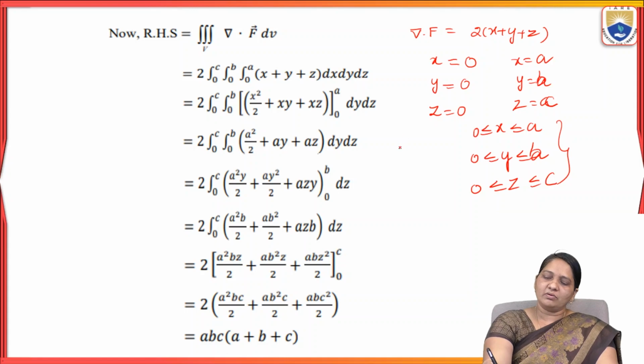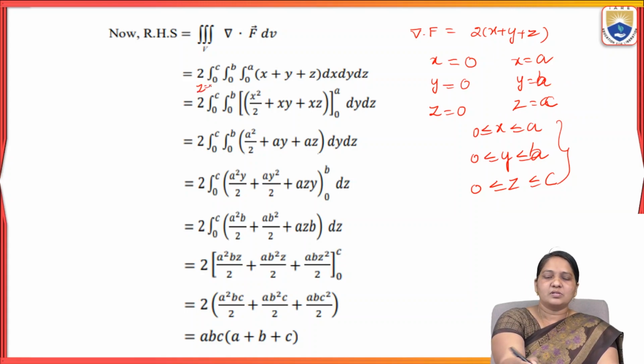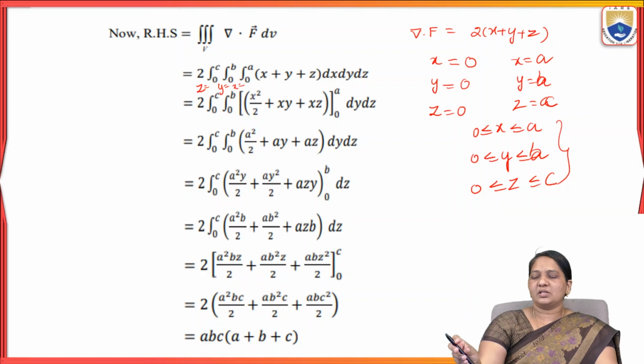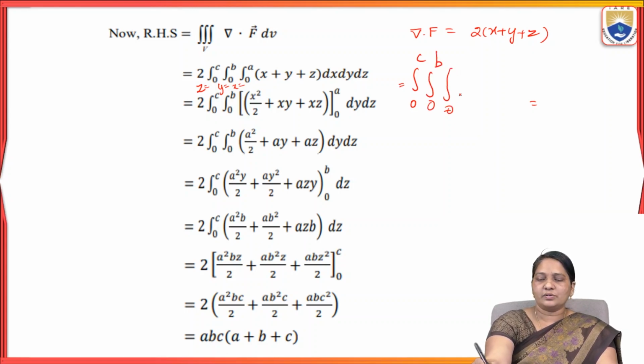Otherwise they can give it like this also: x equal to 0, x equal to a, y equal to 0, y equal to b, z equal to 0, z equal to c. So based on this, z limits are 0 to c, y limits are 0 to b, x limits are 0 to a, and we are evaluating the integral. So integral 0 to c, integral 0 to b and integral 0 to a.